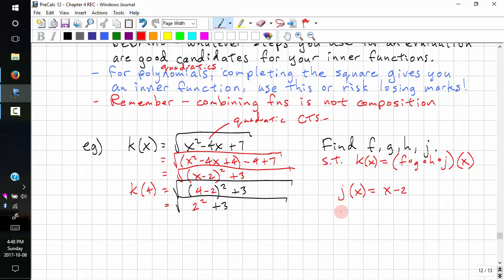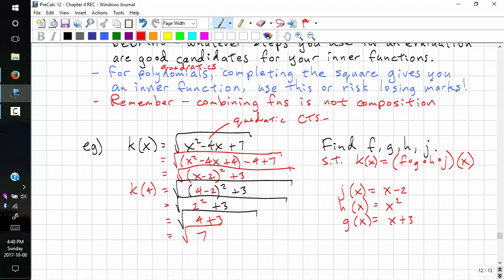That means our h of x equals x squared. Next step, we're adding 3 to our result. So g of x equals x plus 3. And finally, our last step, square root of 7.